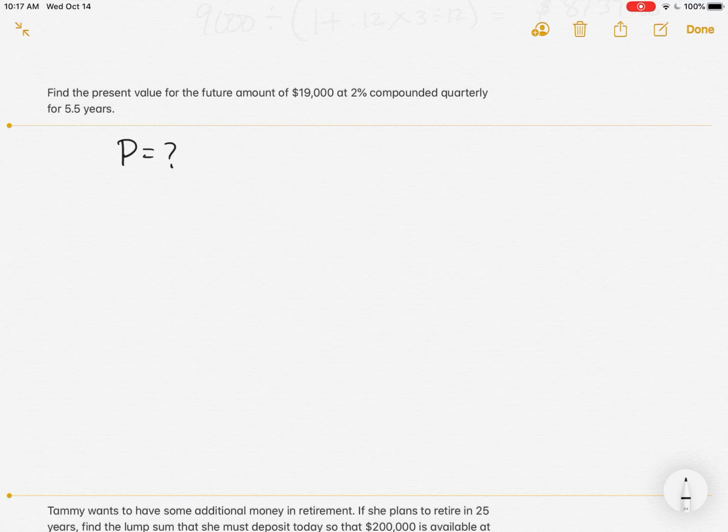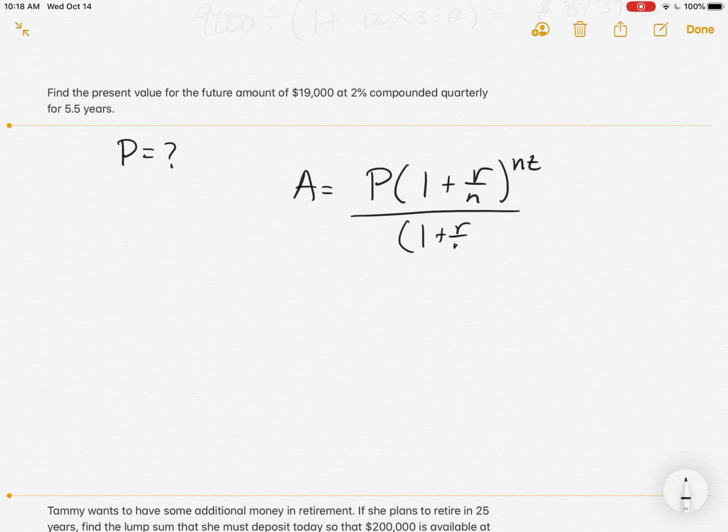Okay, so it's compounded quarterly, so we're going to have to go to the later formula, right? We remember that the accumulated amount formula looked like this. It was pretty involved, right? 1 plus R over N to the NT. Well, if we solve for P, we would be doing the exact same thing that we did earlier, and we would divide both sides by 1 plus R over N to the NT.